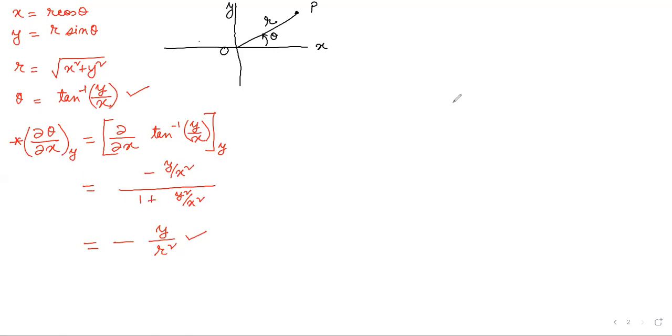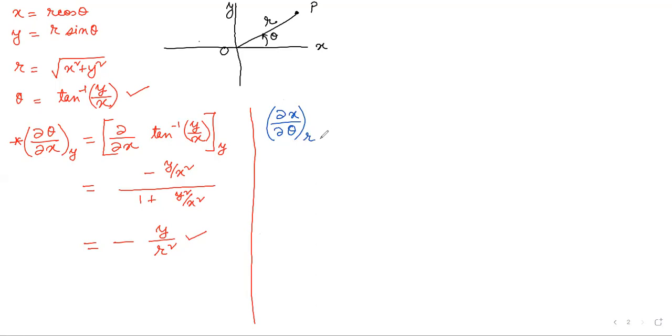Next, let us calculate dou x by dou theta. Let me use a different color to make the distinction clear. That means we are differentiating x with respect to theta, keeping r constant.